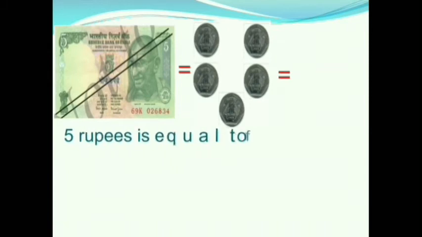Here we have a 5 rupee note and beside it we have five 1 rupee coins. What cost will we get when we add these five? Yes, 1 rupee five times is equal to 5 rupee. 5 rupee is equal to five 1 rupee coins.